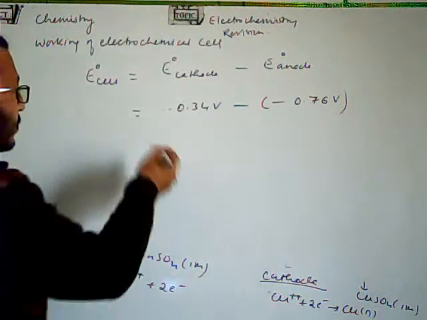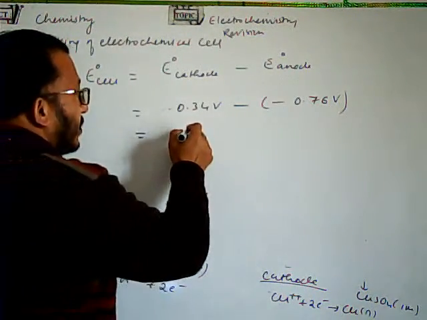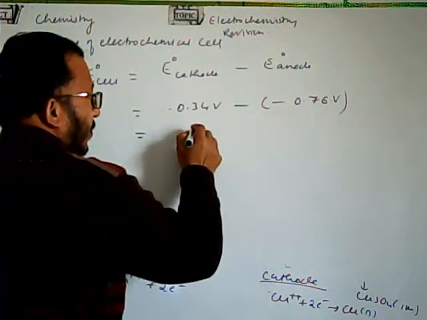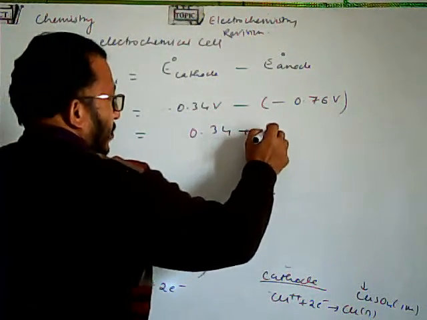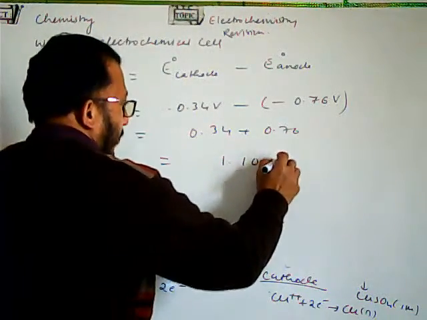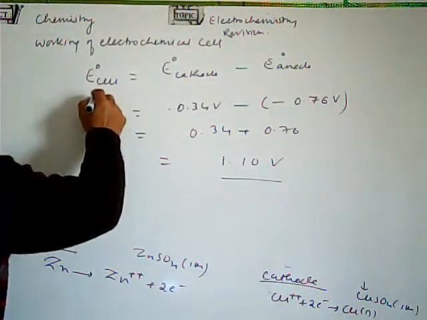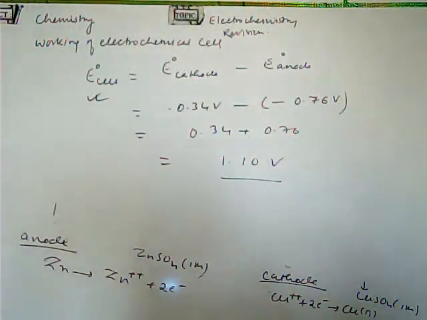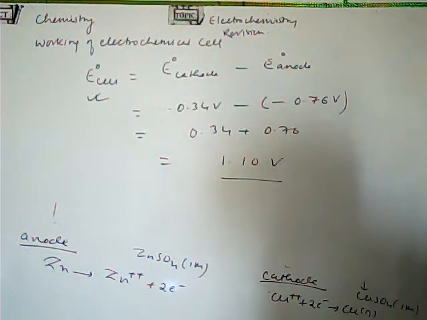So the cell potential that we get here is 0.34 plus 0.76. It works out to 1.10 volt. This will be the cell potential when we have the copper connected with the zinc.